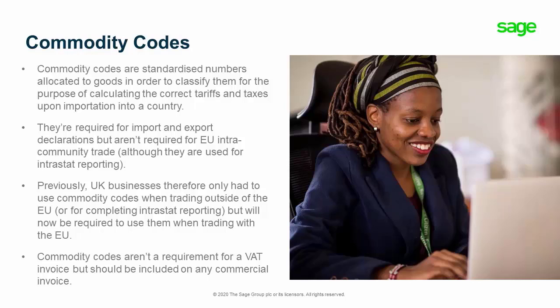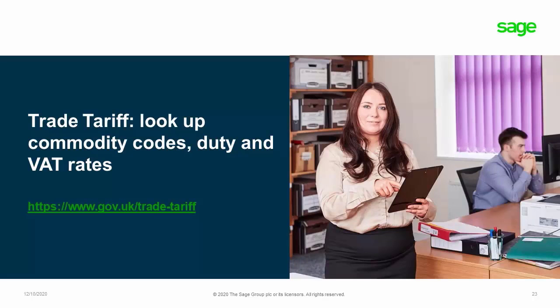Previously, UK businesses therefore only had to use commodity codes when trading outside of the EU, or for completing Intrastat reporting, but will now be required to use them when trading with the EU. Commodity codes aren't a requirement for a VAT invoice, but they should be included on any commercial invoice. If you need to look up commodity codes, duty and VAT rates, go to gov.uk/trade-tariff.